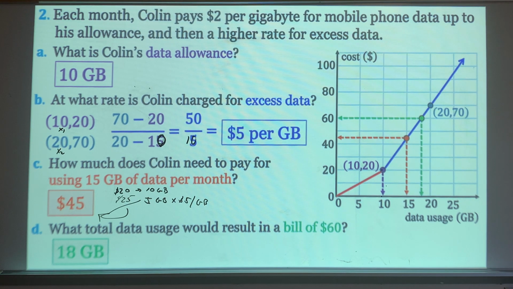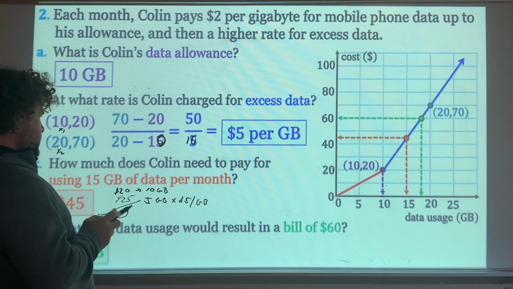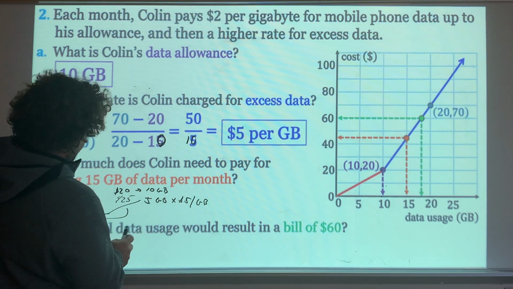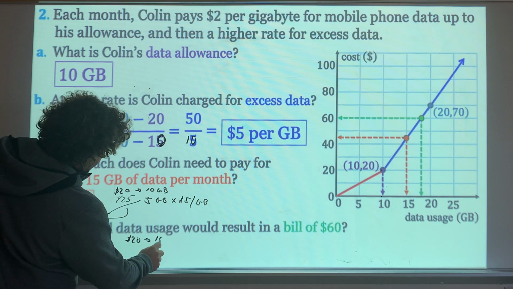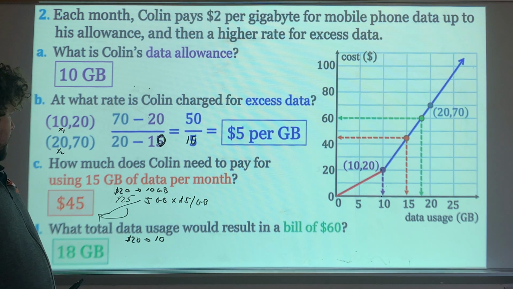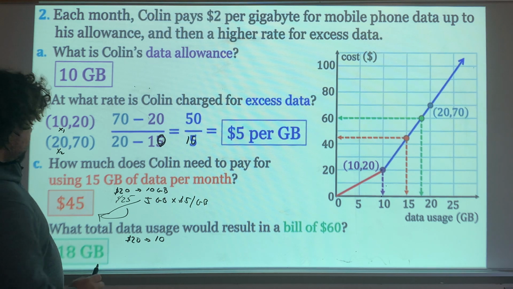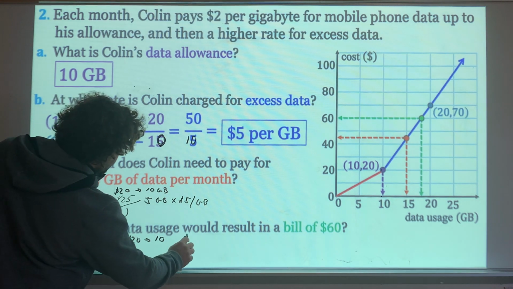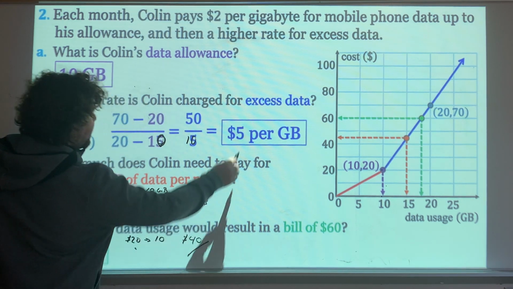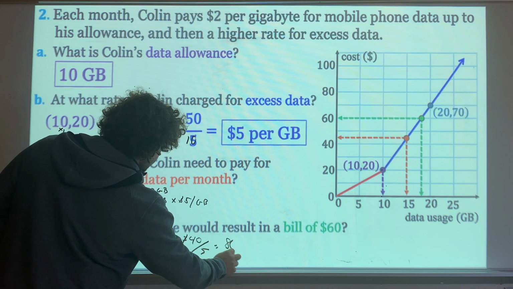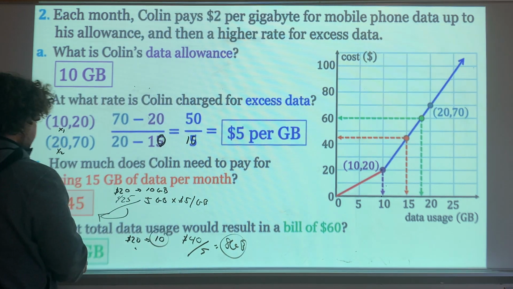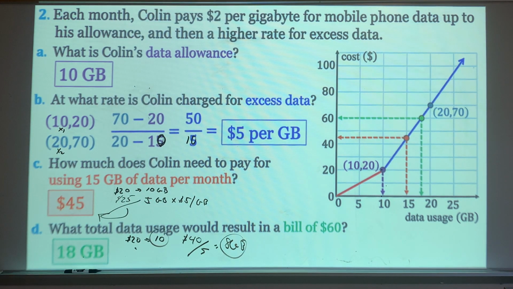So what I know is my total data, all right, so bill of 60, I know that once again it costs $20 for 10, right? But I'm paying 60. So for $40, I have $40 left over at $5 per gigabyte. 40 divided by 5 is 8 gigabytes. 8 plus 10 is 18. Right?